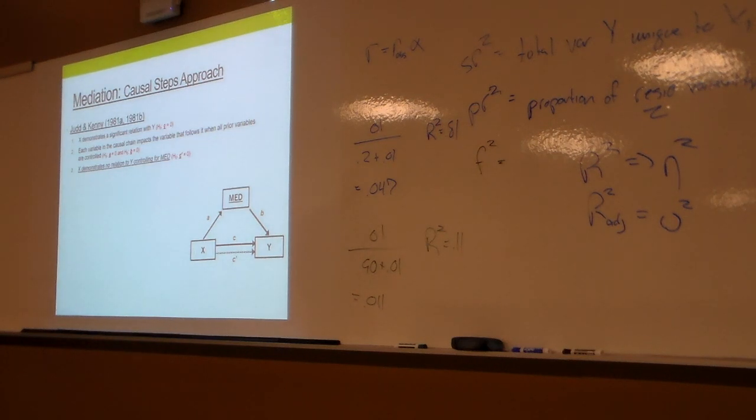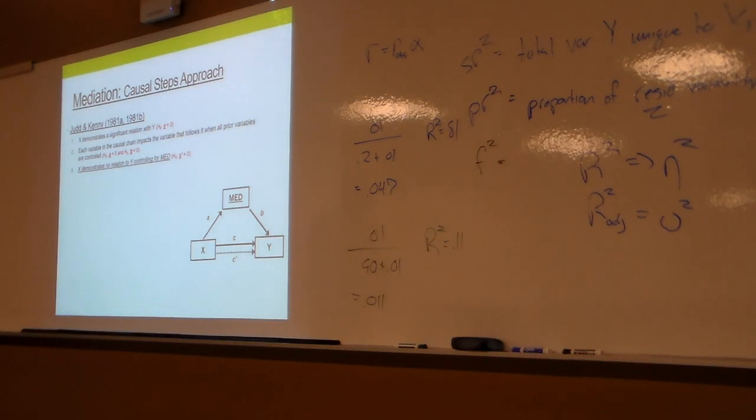And then within the causal model, if I identify a relation between X and my mediator, path A, and I identify a relation between my mediator and my outcome, controlling for X, then X no longer demonstrates an association with Y once I've accounted for the mediator in the model.